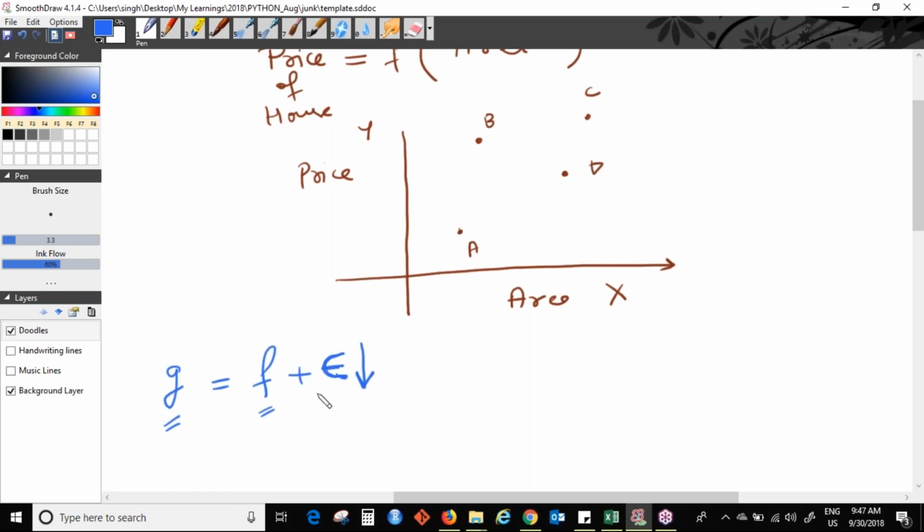This is what all machine learning algorithms will try to do. They will try to go very close to the function f, but sometimes it may not be possible to get the exact function f. So in that case they will find another function g which is similar to f but has a small error.